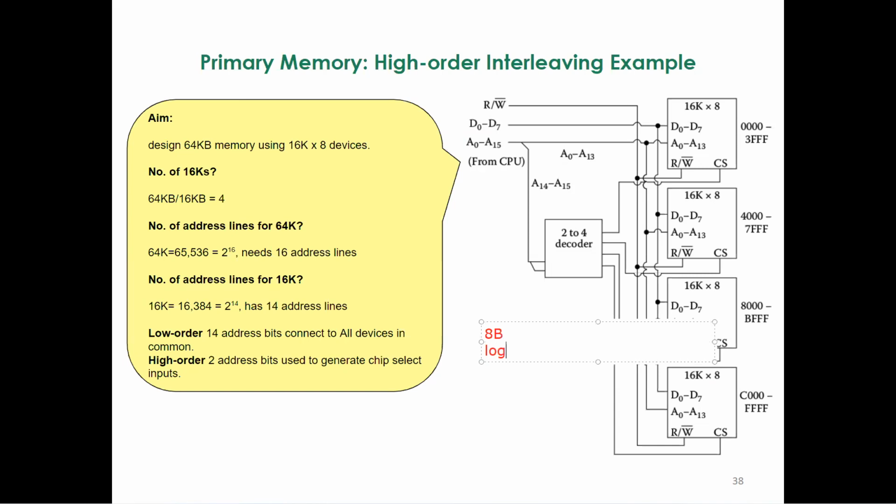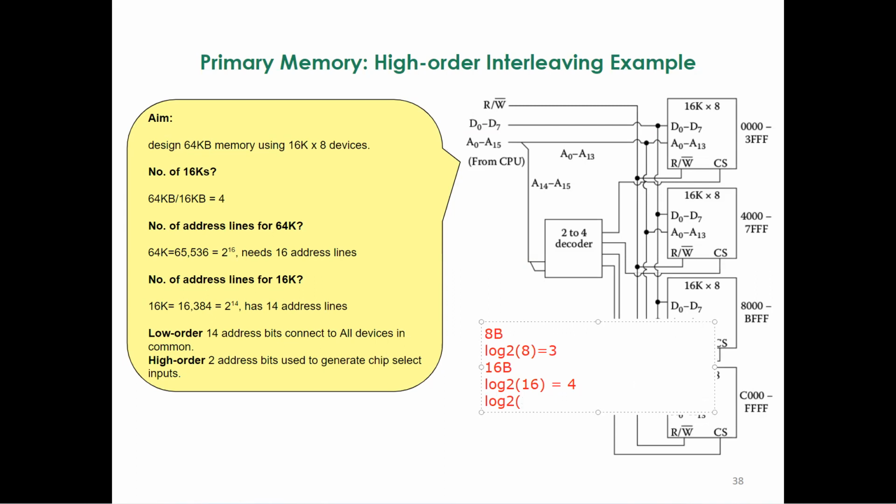Log base 2 of 8, which is 3. Each of the 3 bits will be used to uniquely address each of the 8 bytes. And if it is 16 bytes, it is the same thing. Log base 2 of 16 is going to give us 4.